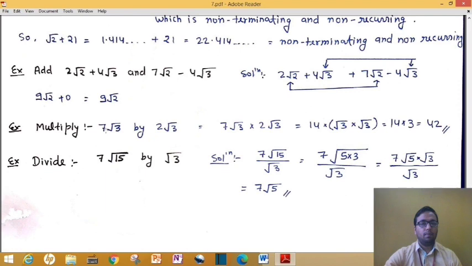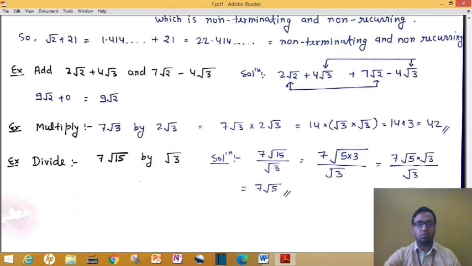Now we have a few more questions like 2 root 2 plus 4 root 3. You have to add irrational numbers. How to add irrational numbers? 2 root 2 plus 4 root 3 and 7 root 2 minus 4 root 3. How will you add these numbers?